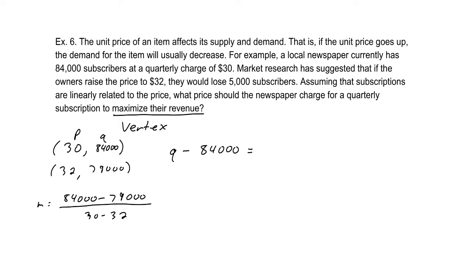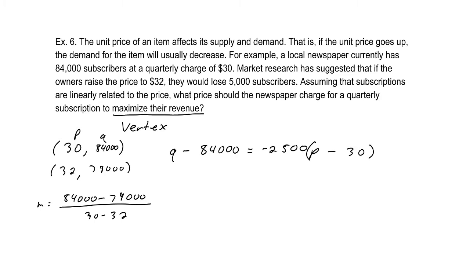So that would be negative 5,000, or 5,000 in loss, divided by negative 2, that is negative 2,500 times p minus 30, because I'm using that first point there.